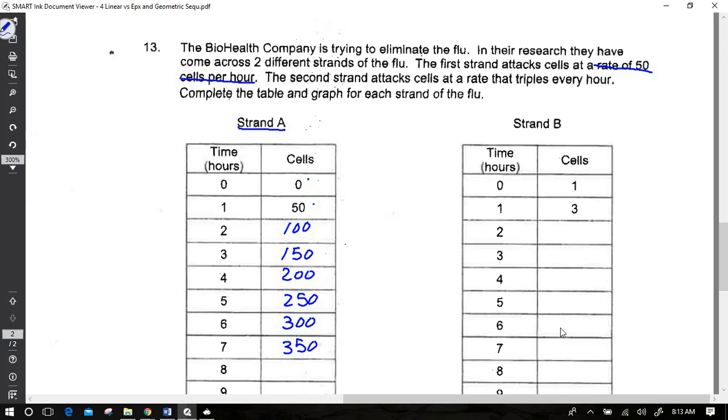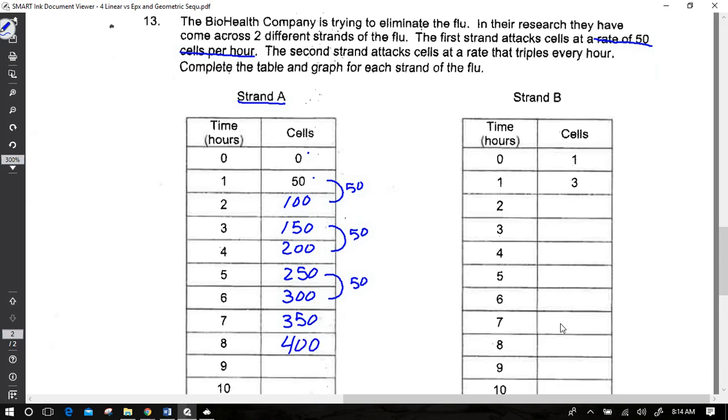This would be a linear function because if I subtracted anywhere, I could pick any numbers to subtract and they would all give me 50. All right, they have a common difference. I guess I should finish filling in my table. And then we're about to go look at strand B. So let me just write here that this is linear.